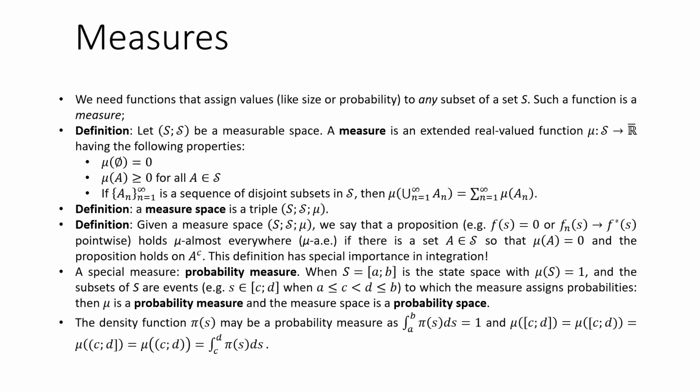And the subsets of the state space are events. For instance, we have another interval which normally is smaller than the whole state space. This is the closed interval CD, and it is an event that the random variable s, small s, falls into the interval CD.